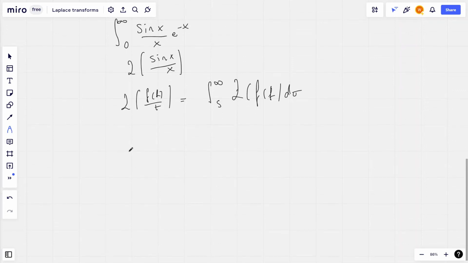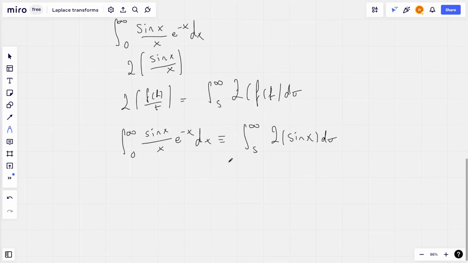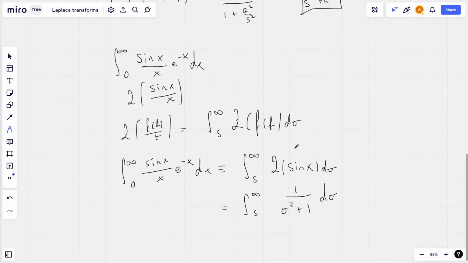So what we want to do here is notice that this is equivalent to, and so what we can gather from this is that this is equal to 1 over, and see, we derived that the Laplace transform of sine is just this.